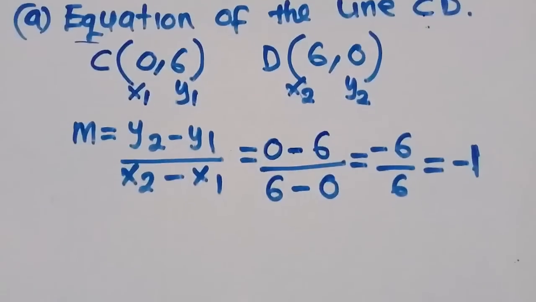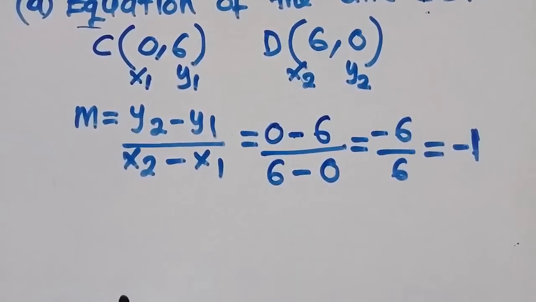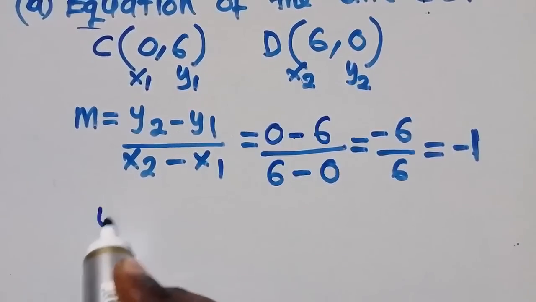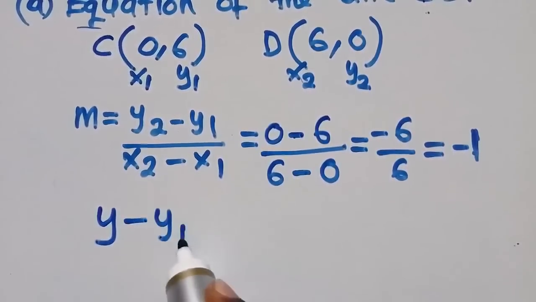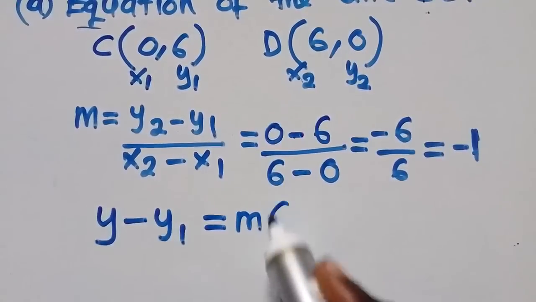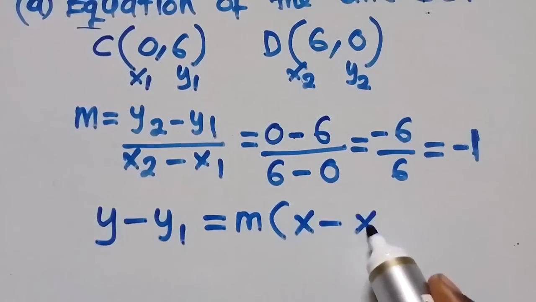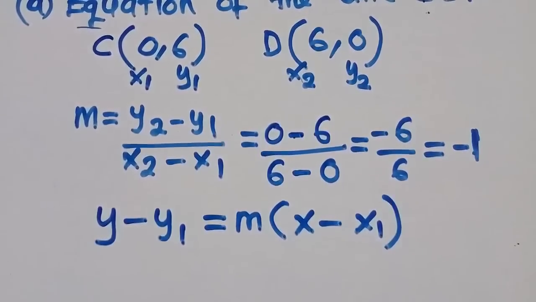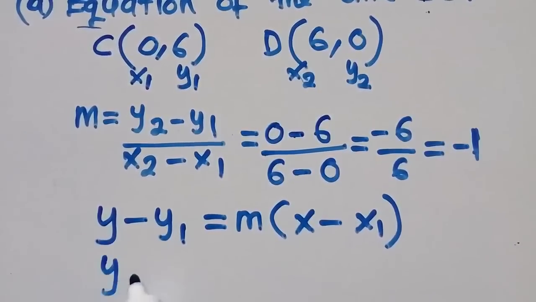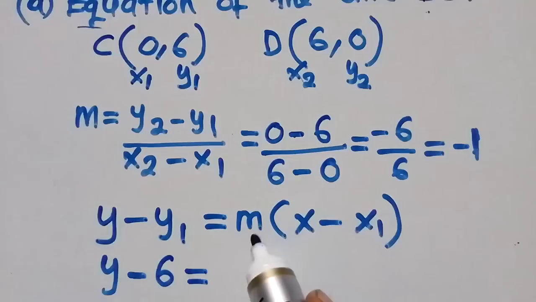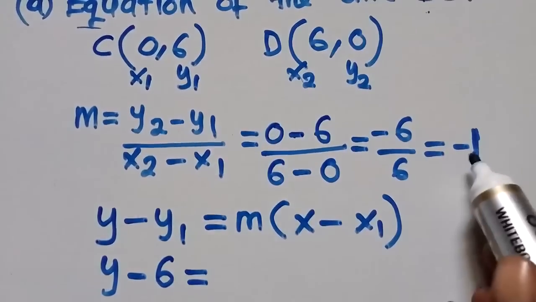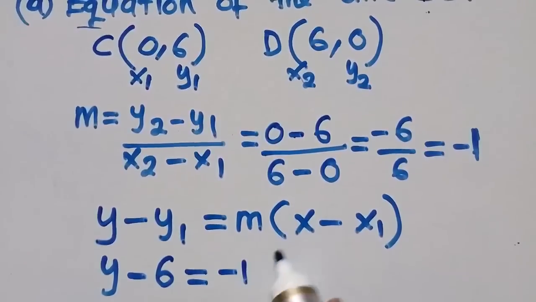What are we going to do once we reach there? The general equation of all straight lines is y minus y1 is equal to m times x minus x1. You say y is constant minus y1, which is 6, equal to the gradient you solved, negative 1, open bracket.